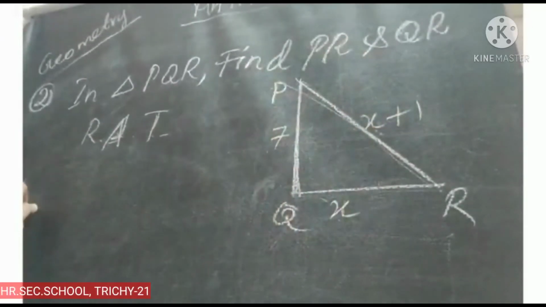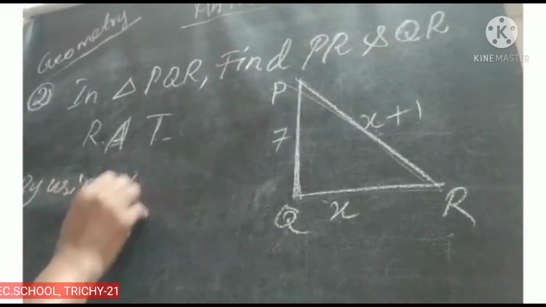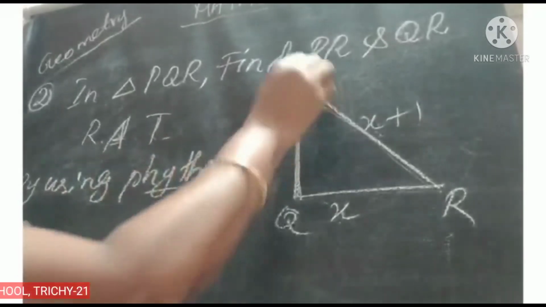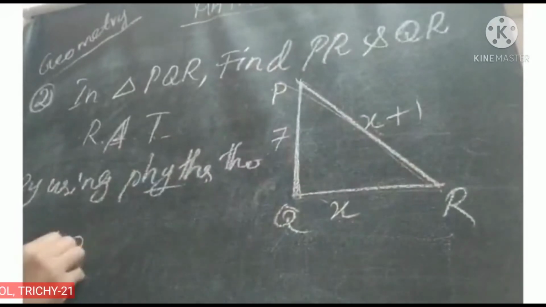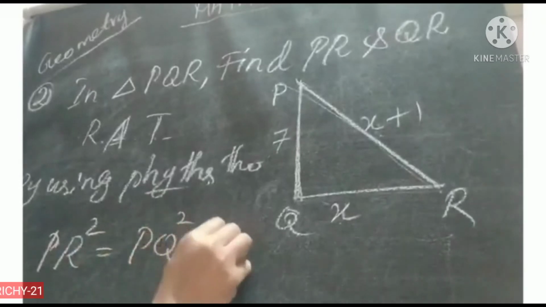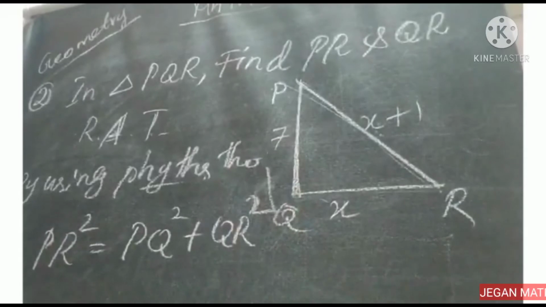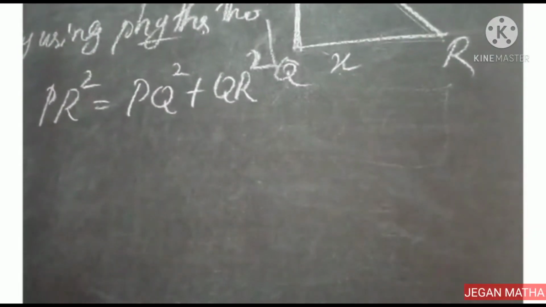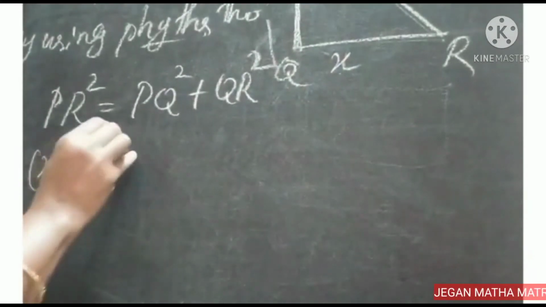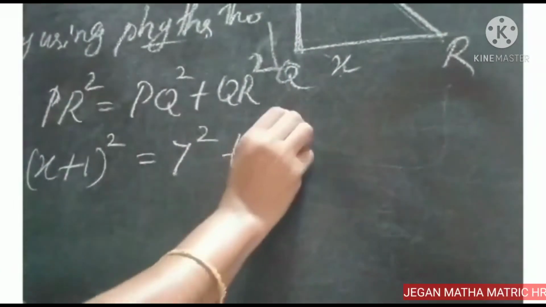Now applying the Pythagoras theorem, this is the hypotenuse side. PR square equal to PQ square plus QR square. This is the Pythagoras theorem. Already you know that. Now apply the values: PR is x plus 1, so x plus 1 the whole square equal to PQ, that is 7 square, plus QR, that is x square.